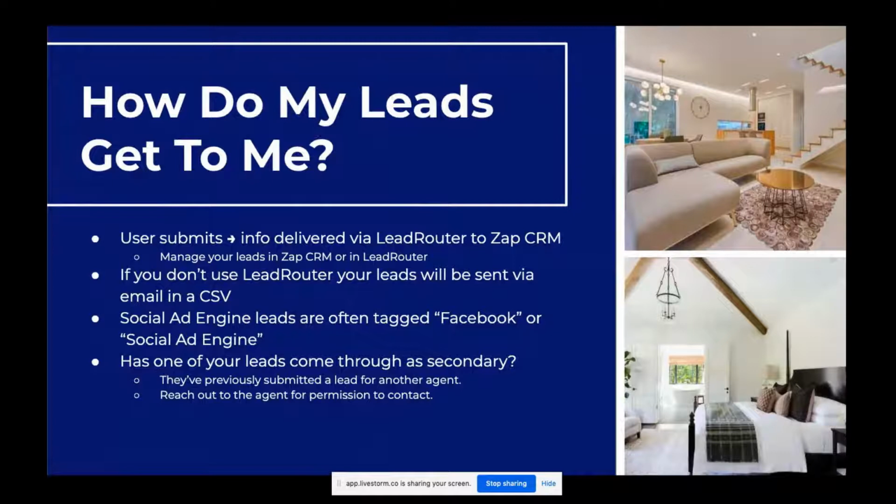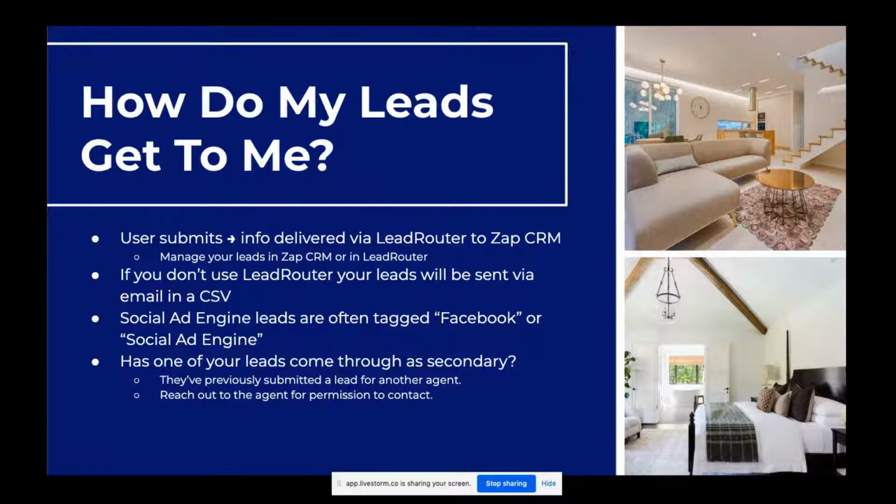So how exactly do your leads get to you? We've mapped out the process a little bit here. So a user will submit their information, which will then be delivered via lead router to the Zap CRM. But that being said, if you do not use lead router, the leads will be sent via email in a CSV file. The leads are often tagged as Facebook or Social Ad Engine.